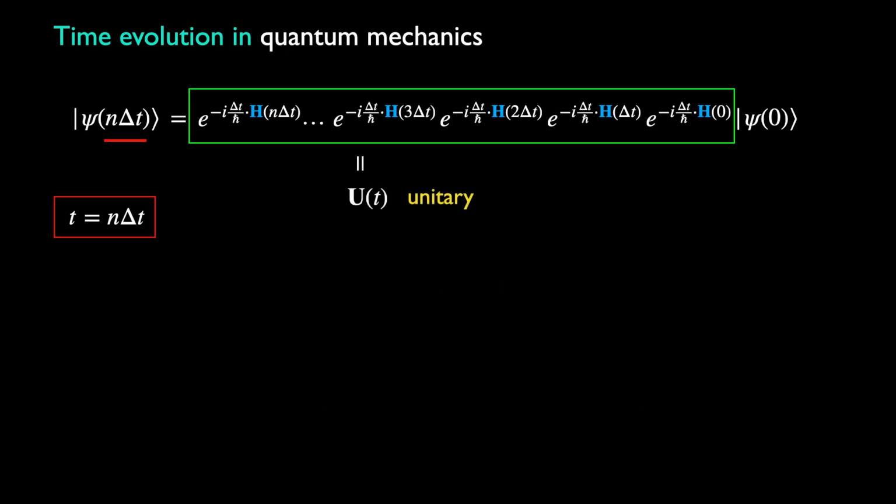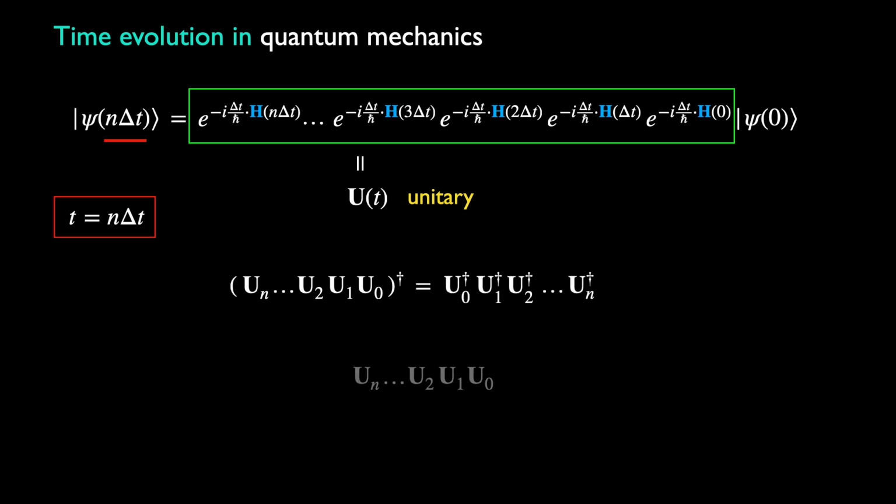The important thing to note is that this product of unitary operators in the green box is itself another unitary operator. We can easily verify this by taking the Hermitian conjugate, then check using the definition of a unitary operator.